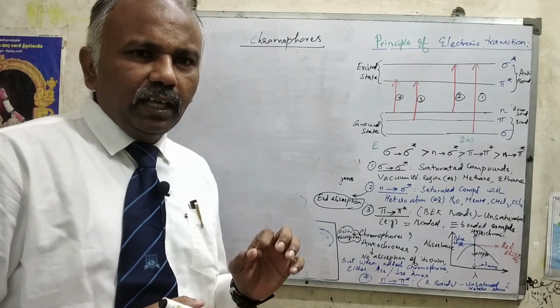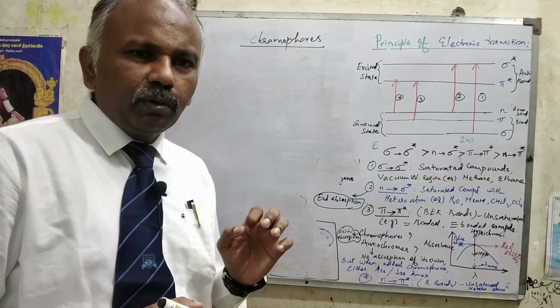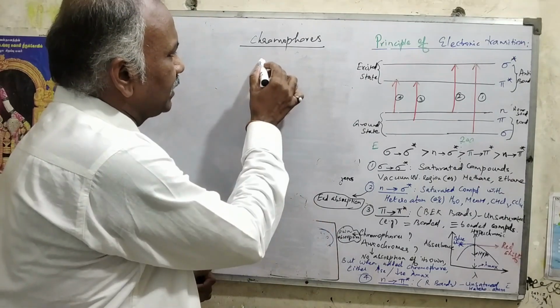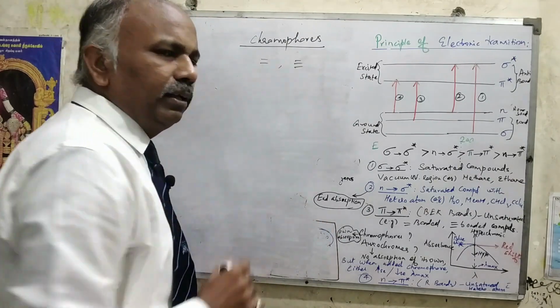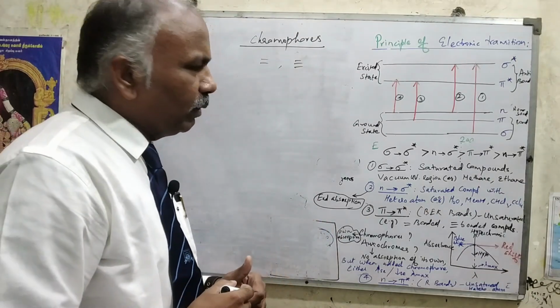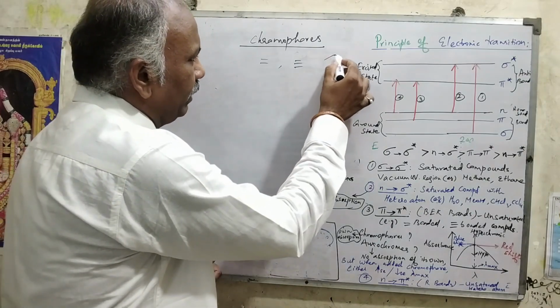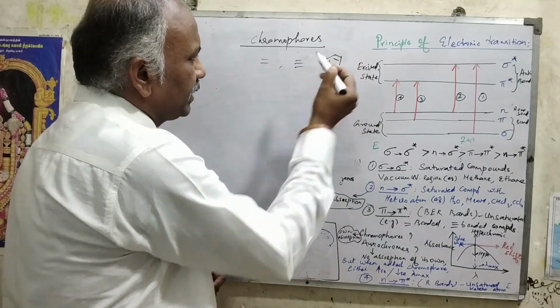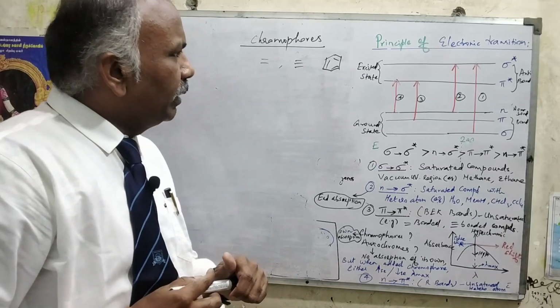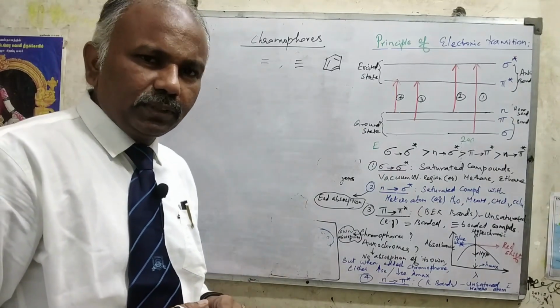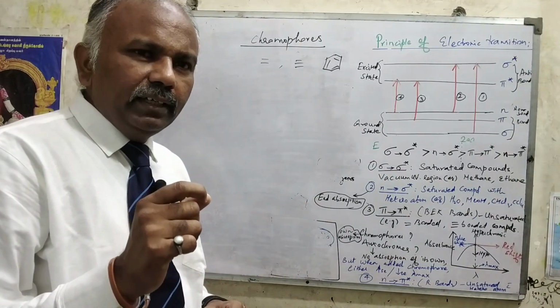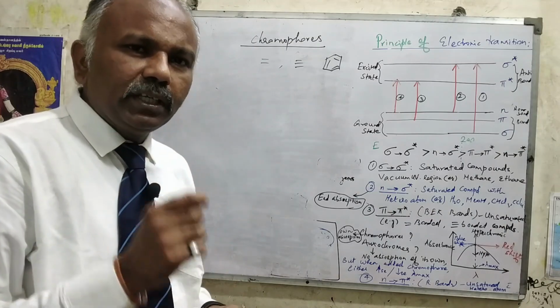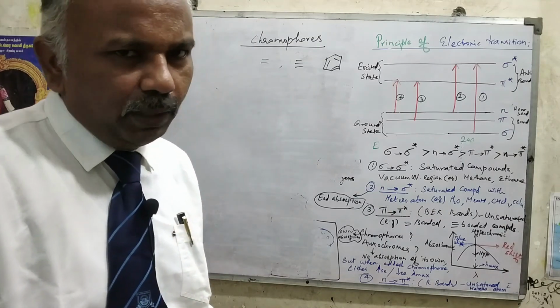So chromophores are the color producing groups, and they basically contain the double bond or triple bond in your molecule, right? If you look at benzene, it is a chromophore. Benzene has three double bonds, so benzene is a classical example of a chromophore. Chromophores are covalently unsaturated groups responsible for UV visible absorption, right?